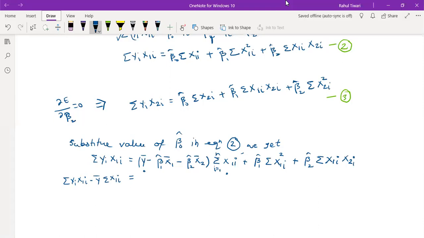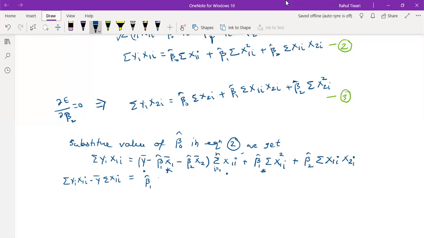Now you have to club the beta 1 terms together. If you see these expressions, club this star with this star. It contains beta 1, it contains beta 1, so this is going to be beta 1 hat.